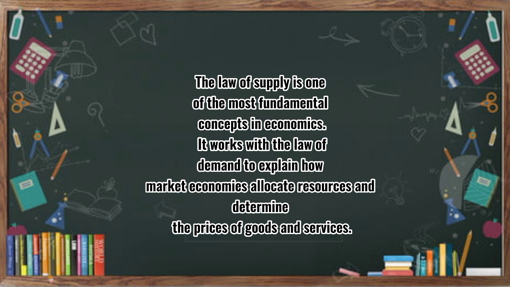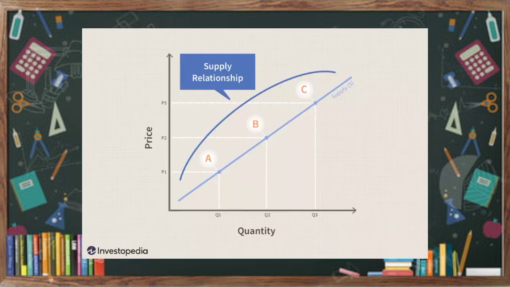It works with the law of demand to explain how market economies allocate resources and determine the prices of goods and services. The chart depicts the law of supply using a supply curve, which is upward sloping. A, B, and C are points on the supply curve. Each point on the curve reflects a direct correlation between quantity supplied and price.